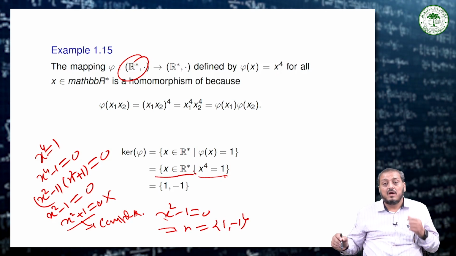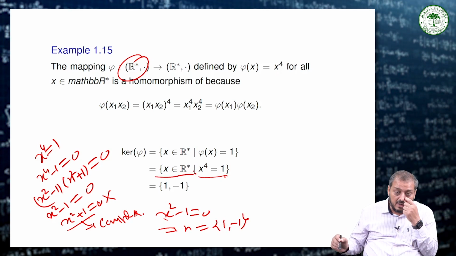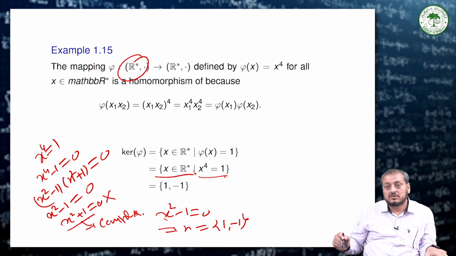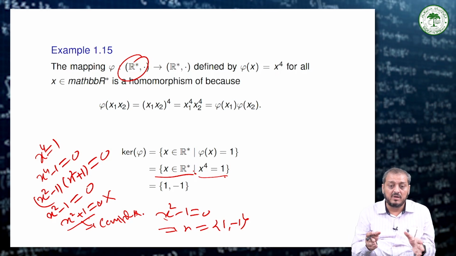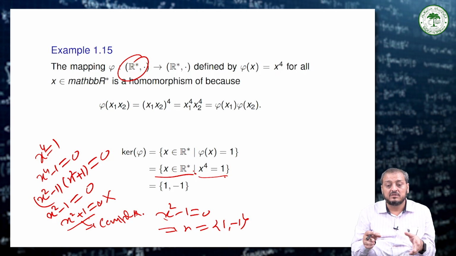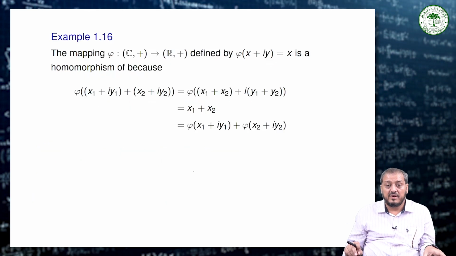So x belongs to the set of non-zero real numbers, and the kernel of phi is nothing but 1 and minus 1.